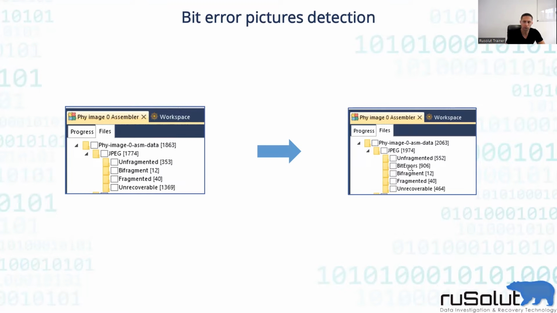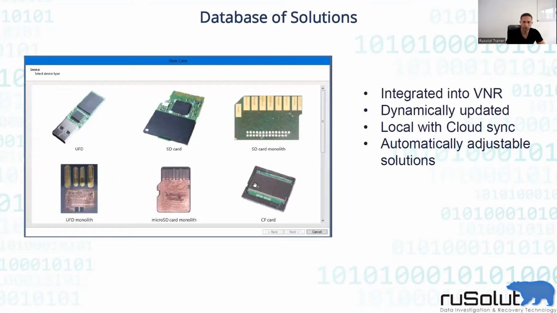So these pictures will not be analyzed, and the assembler will not try to look for parts of those pictures. In the first case, analysis may go on for a really long time. Now it may be much faster. It all depends on the number of pictures on your device and the number of bit errors. So that's the improvement of the file assembler.